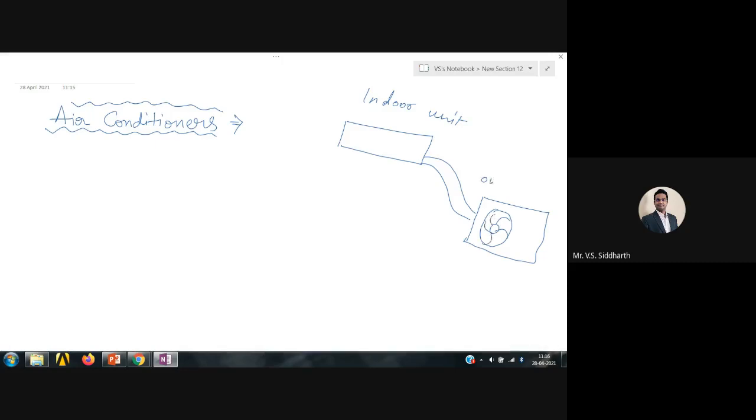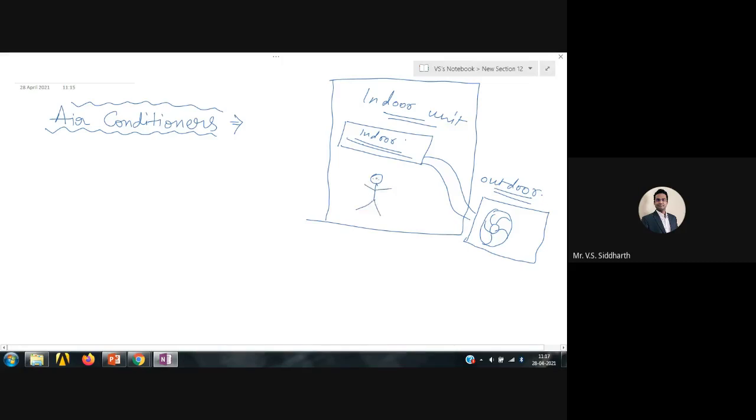Outdoor unit. Indoor unit and outdoor unit. So this is the room. The outdoor unit is outside the room. The indoor unit is inside the room. This is Hemant Nayak, let us suppose.